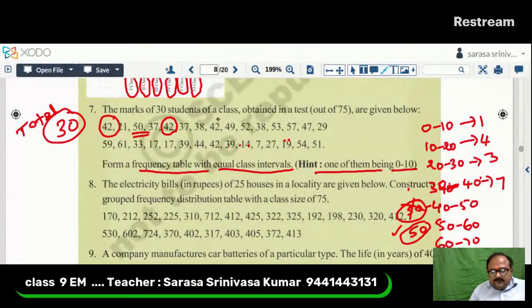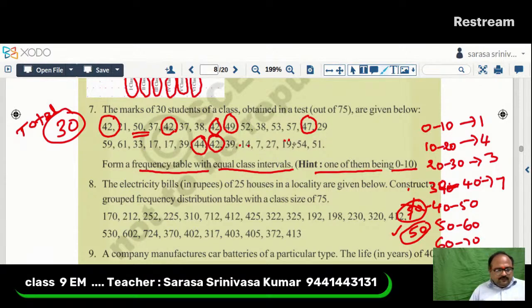42. Here again 42. 49. 47. So in this first row, how many students are there? 1, 2, 3, 4, 5. Let us observe the second row. Here 44 and next 42.